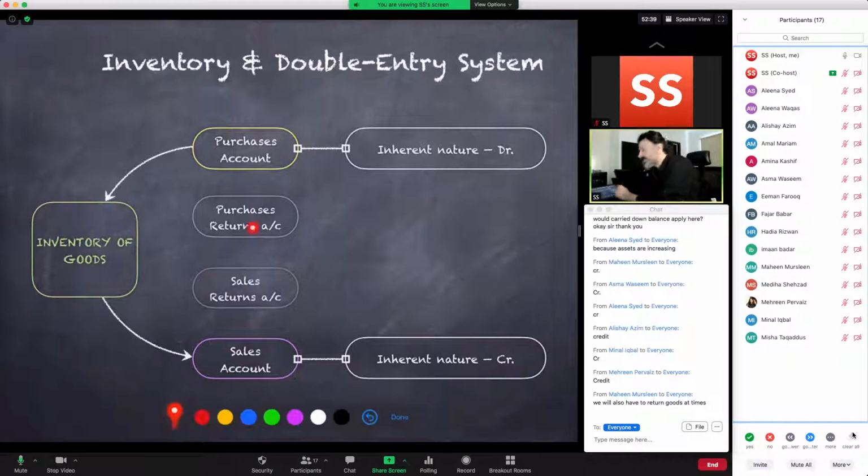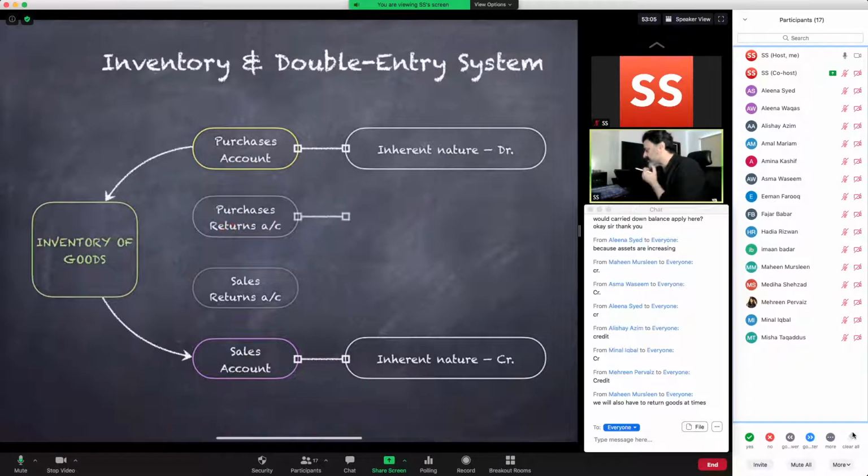Purchases returns का मतलब क्या होगा कि आपने जो goods previously खरीदे थे अपने supplier से, those goods have some issues or something, or they were of wrong description or something. So you had to return them back to your suppliers, right? So purchases returns is when, because of faulty goods or wrong specifications, you had to return them back to your suppliers.